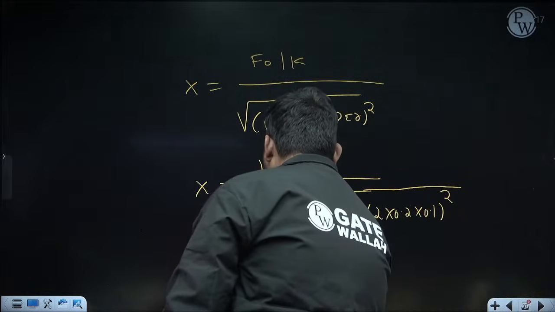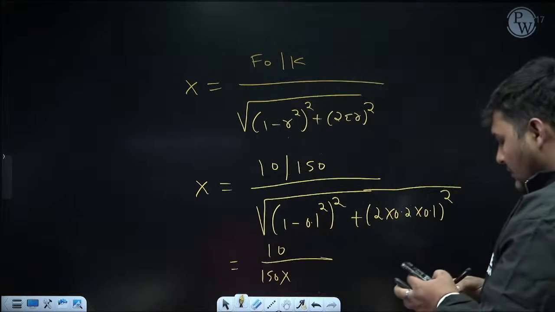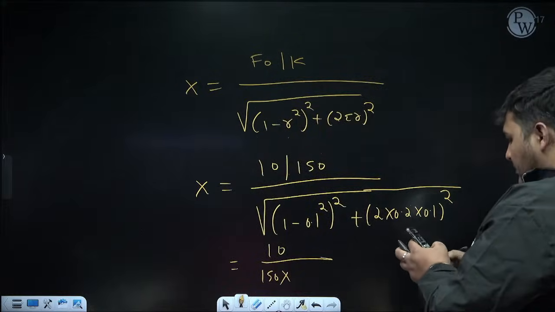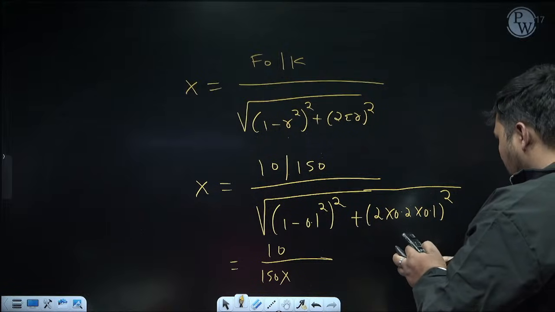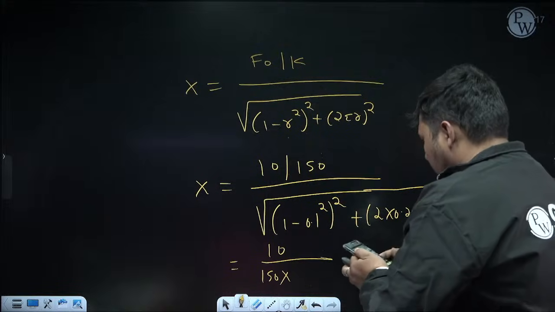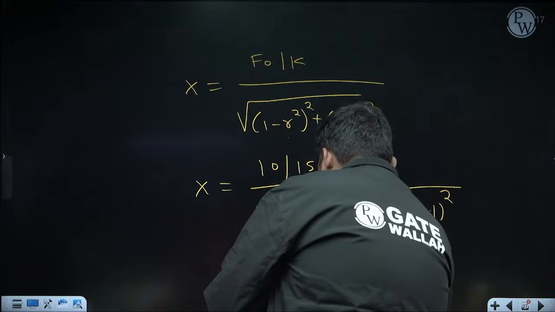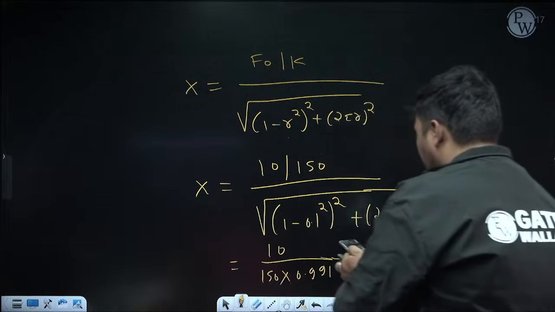Now do the calculation. 10 divided by 150. First I am calculating this part. Root of (1 minus 0.1 square) whole square plus (2 into 0.2 into 0.1) whole square. It is coming 0.991. At least do calculation up to 3 places.